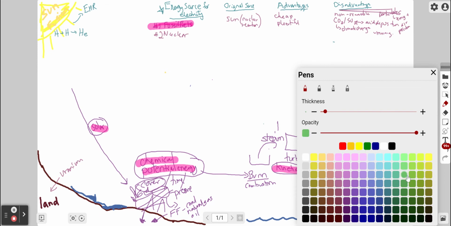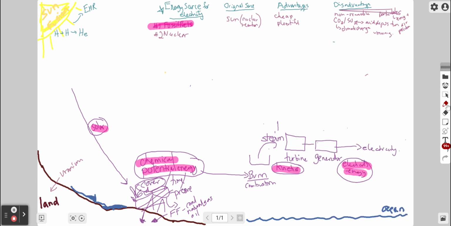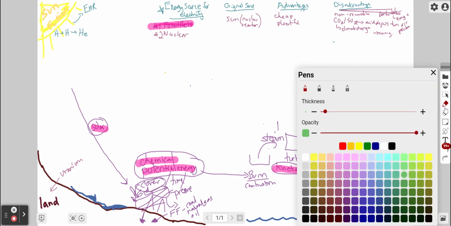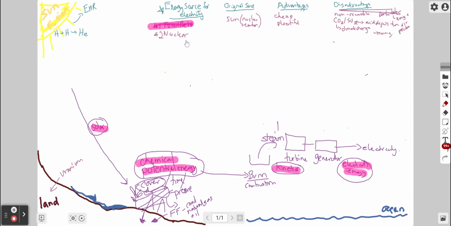I'm going to do this in green so we can keep them separate from one another. Okay, so nuclear, number 2. So disadvantage, it is non-renewable. Advantages for nuclear is they don't give off emissions, or very little. Depends where you look.